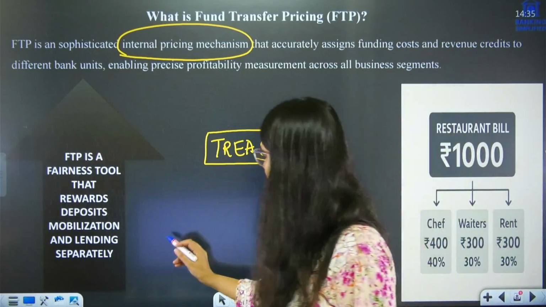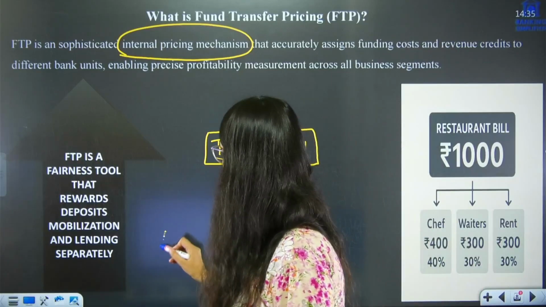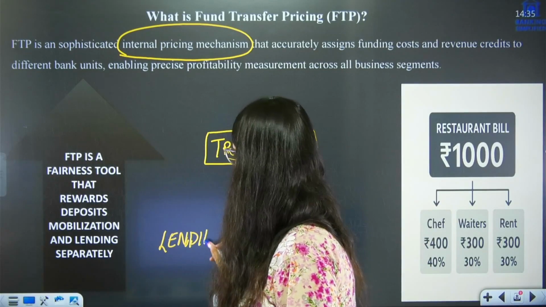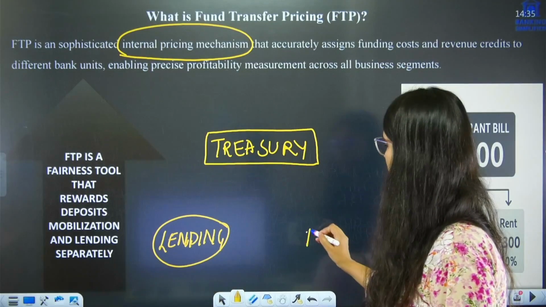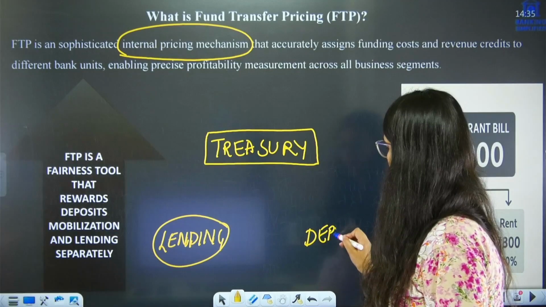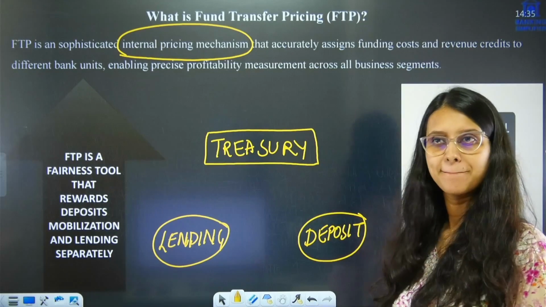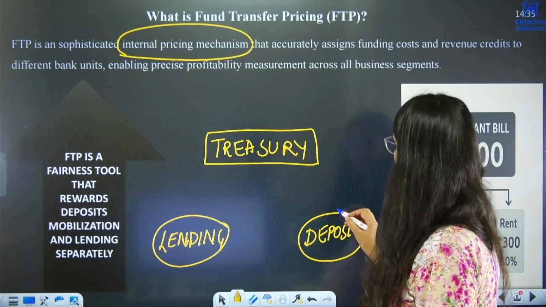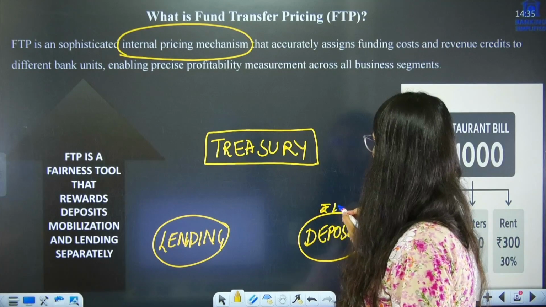Now, let's assume there are two units in the bank. One is your lending unit and the other, let's say, is your deposit taking unit. The deposit taking unit has been able to get deposits of rupees 100 crores.